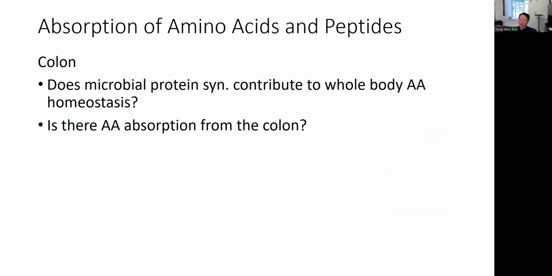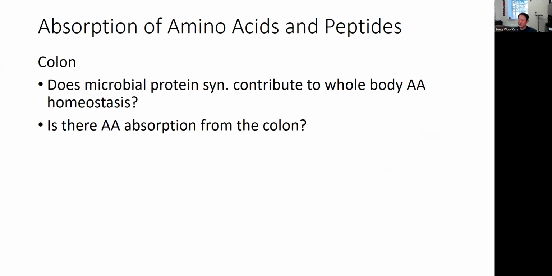As a student in the 1990s, I learned that in the colon there's no amino acid absorption. There's no peptide absorption. Of course, at that time we did not know that dipeptides and tripeptides can be absorbed in the small intestine. We just thought amino acid is the only end product that can be absorbed through the small intestine. But anyway, how about in the colon?